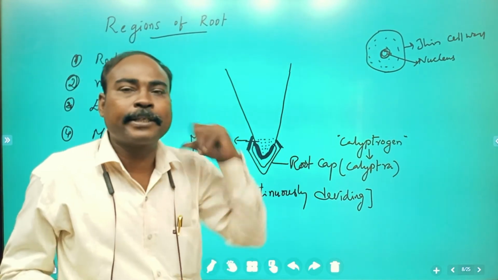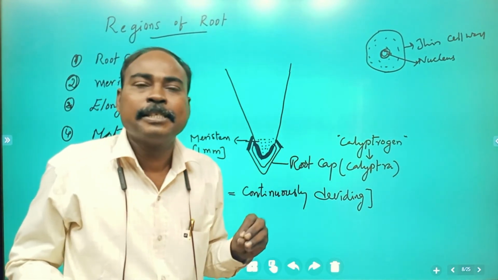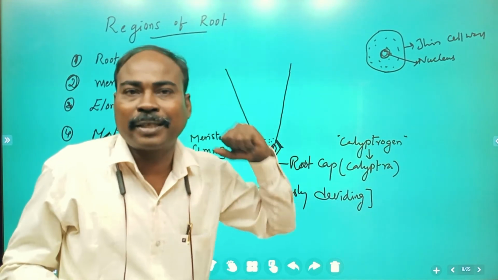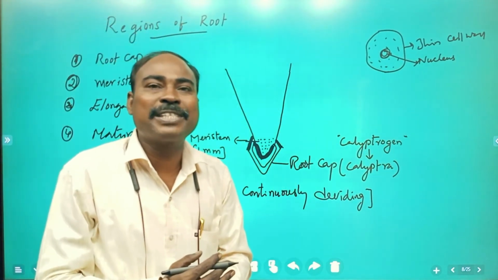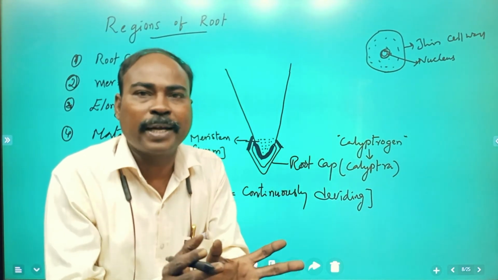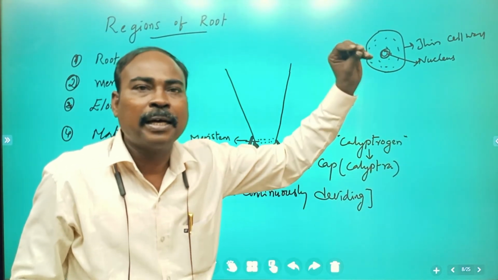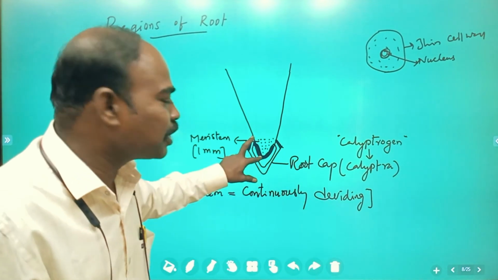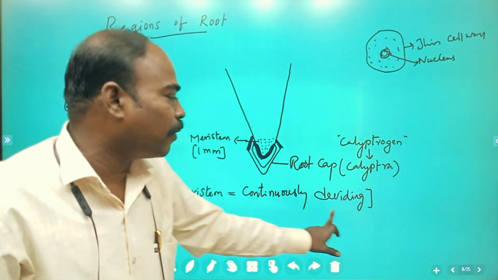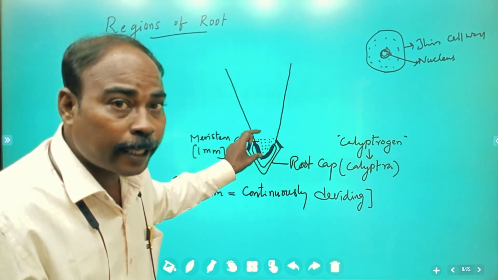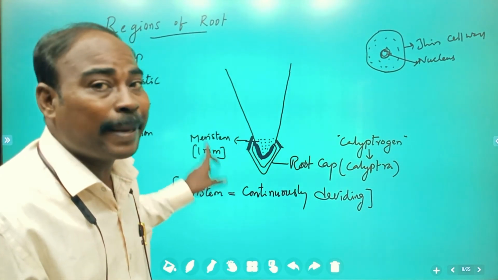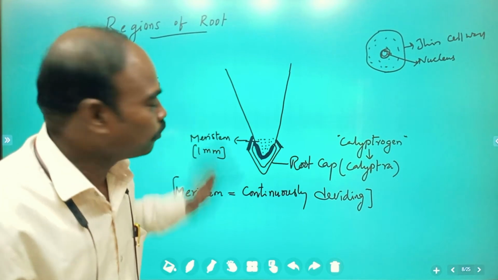What are the main characteristic features of meristematic cells? Based on the origin, what are the types of meristems? Based on the positions, what are the types of meristems? In detail about meristematic cells, we discuss under anatomy, right? So what are meristematic cells? Continuously dividing cells located at the root tip, that is apex, around 1 millimeter in length, right?